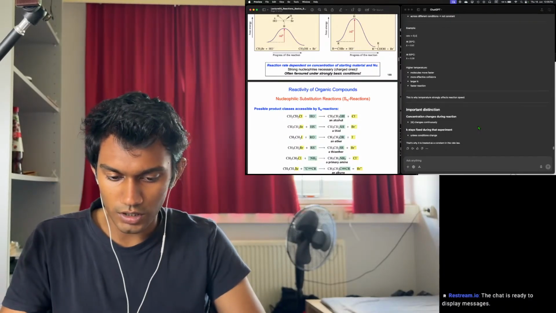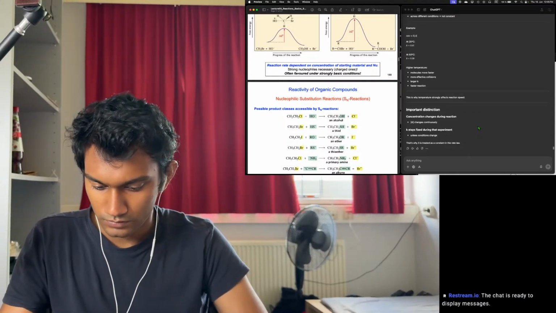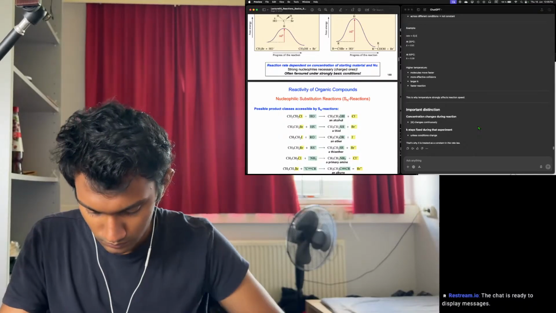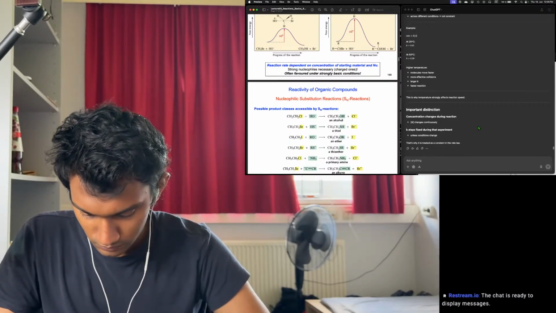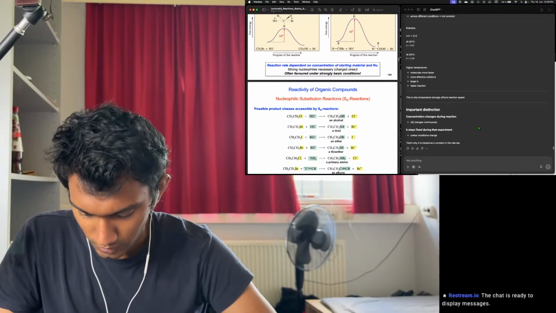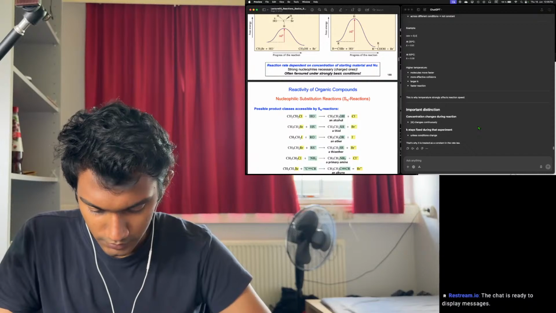There's a rotation lock? No. My notes, there we go. How far did I write? I wrote till SN1 and SN2.